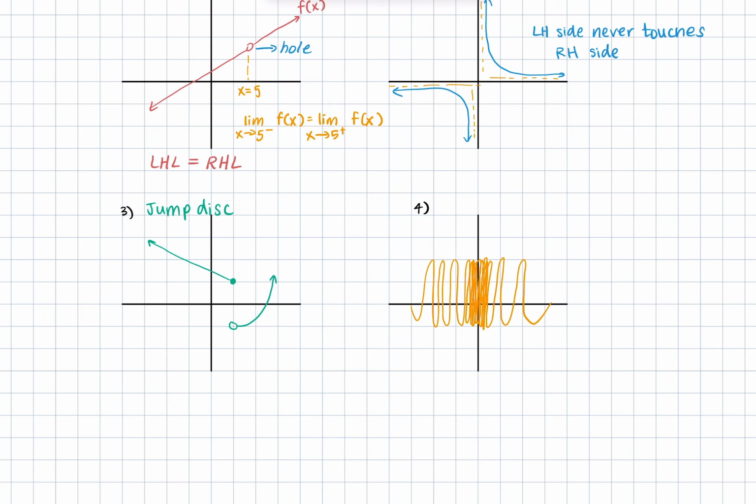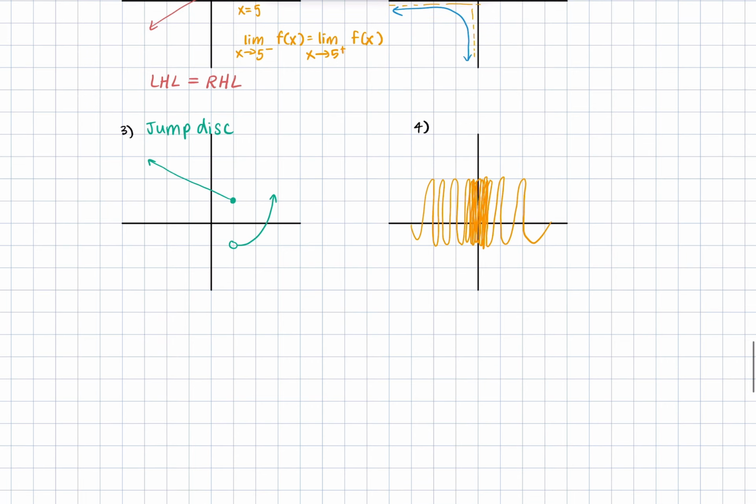So the limit doesn't exist, and you have a hole in the graph. Let's write this. Let's call this x equals 1 over here. The limit as x approaches 1 from the left-handed side does not equal the limit as x approaches 1 from the right-handed side.